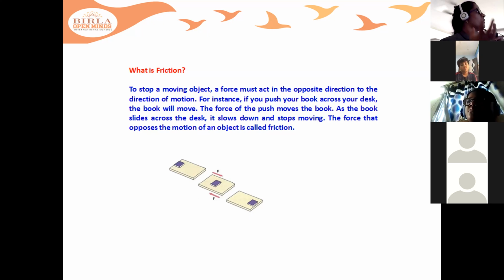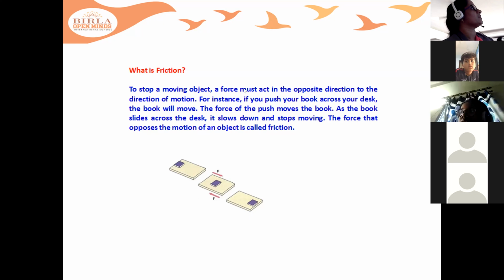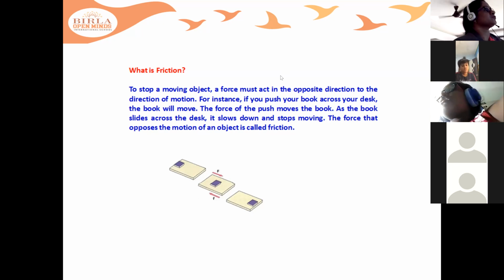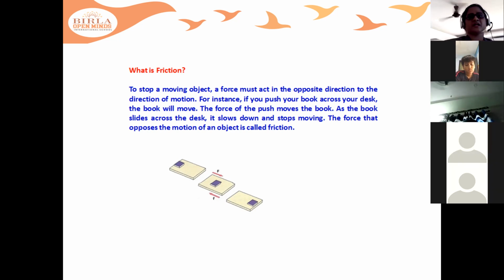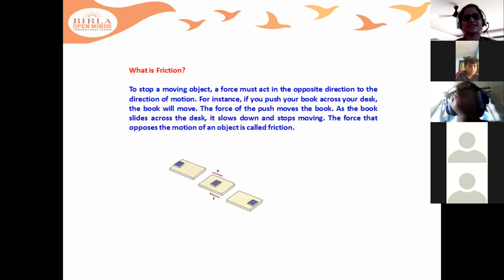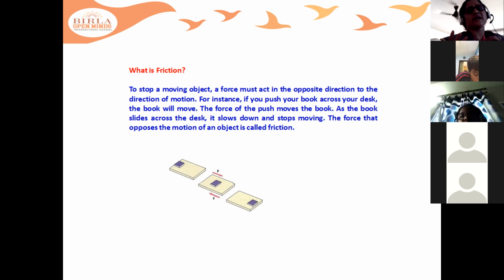So the force acting from the ground to stop it is less. The frictional force will stop the book from moving further, because the book is touching the surface more than a ball. A ball has less frictional force acting on it than a book. So that is the reason.